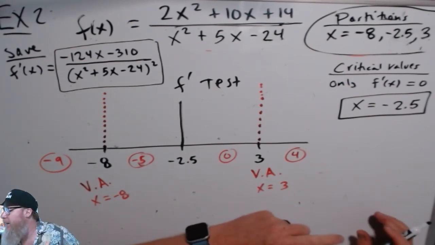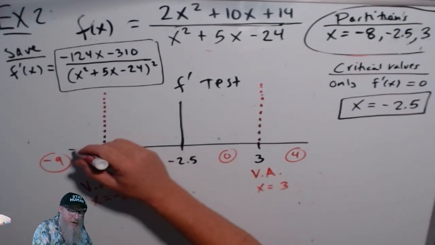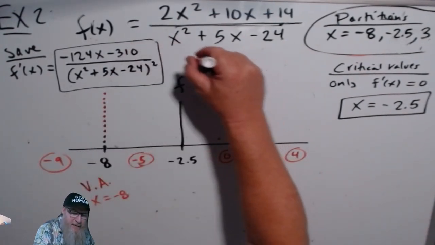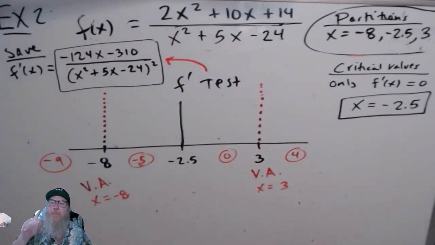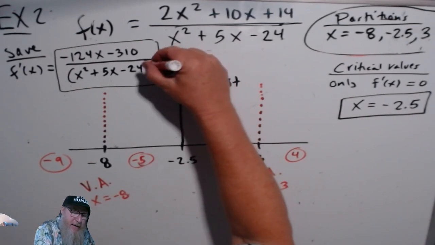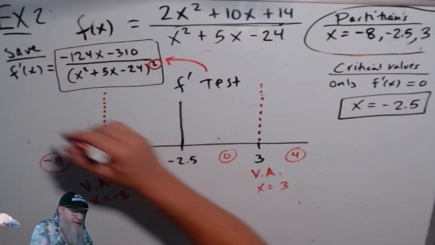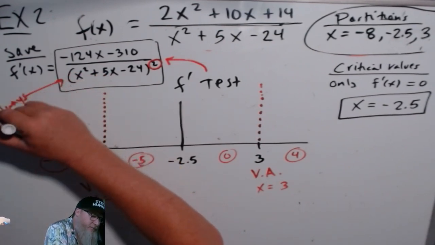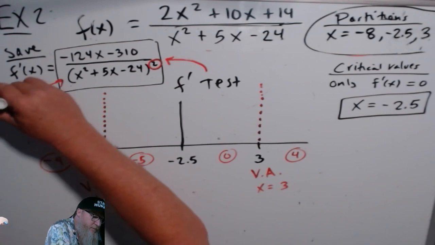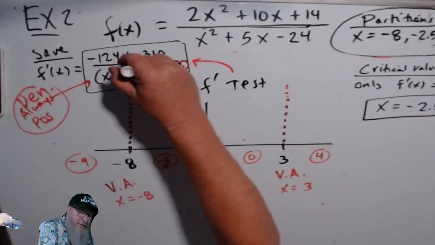All righty. Let's start plugging in numbers and see what happens. Now remember, this is what we're testing. Testing the derivative. Now let me point something out. Because the denominator is squared, that means that the bottom is always positive.